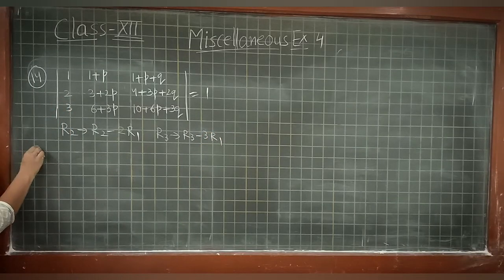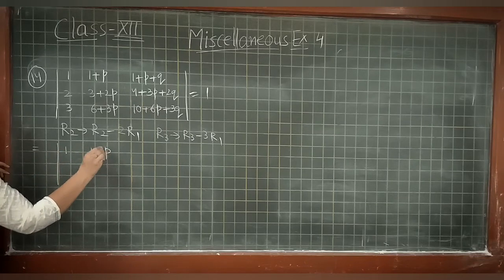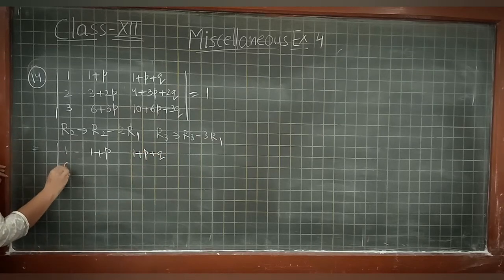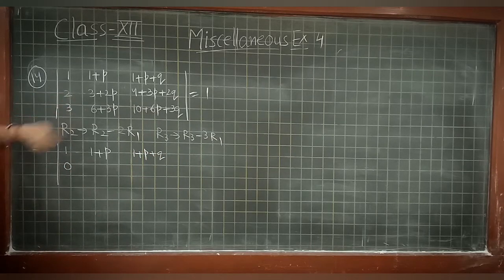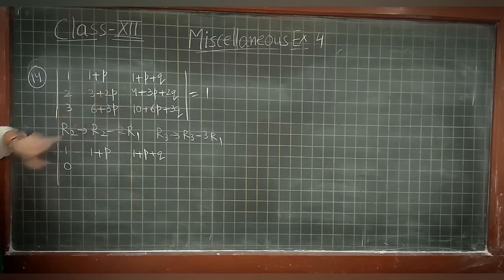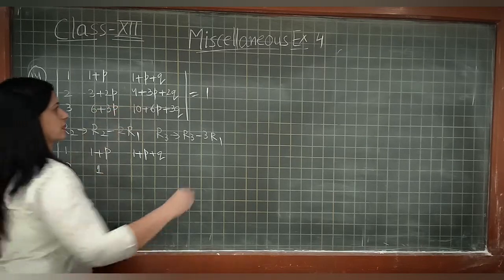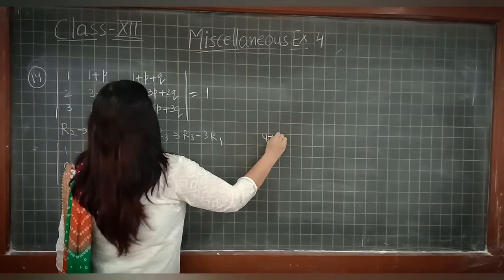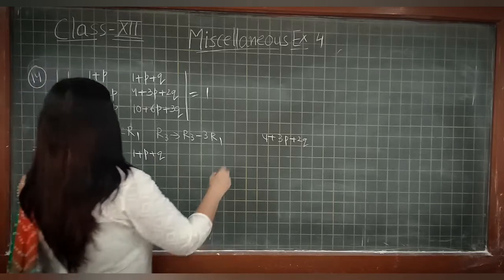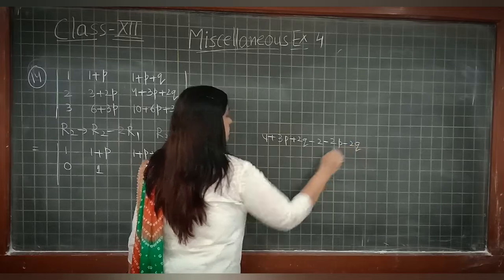Okay, so now let us find R1 is same, 1 plus P, 1 plus P plus Q. Then this will be R2 minus 2 R1, then 3 plus 2P minus 2 minus 2P, so it will be 1. Then 4, here we can do, it is 4 plus 3P plus 2Q minus 2 minus 2P and minus 2Q.